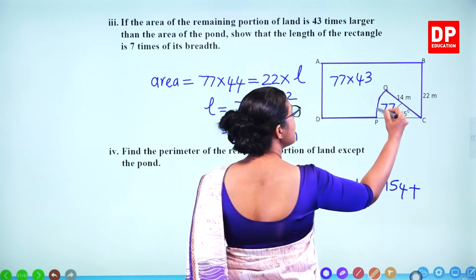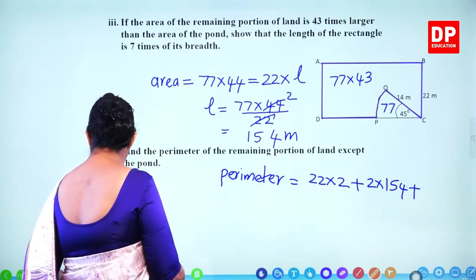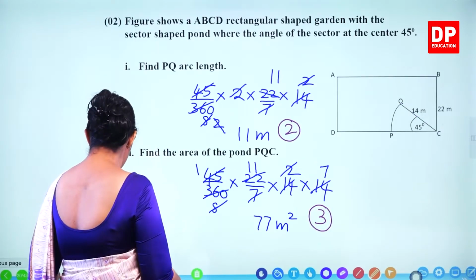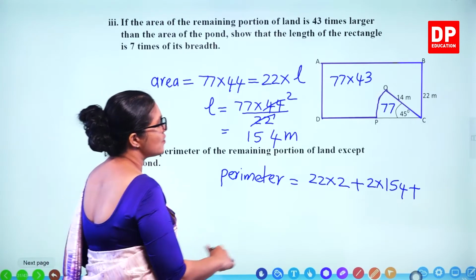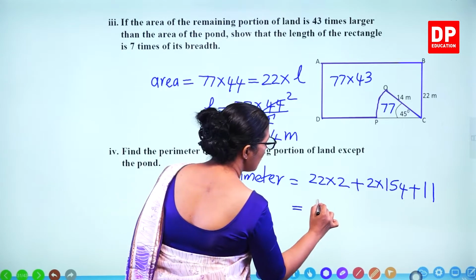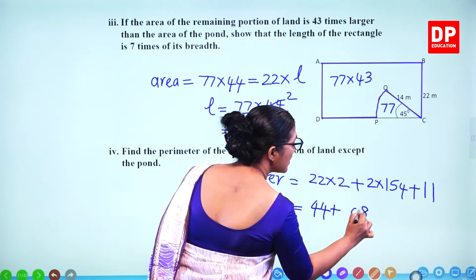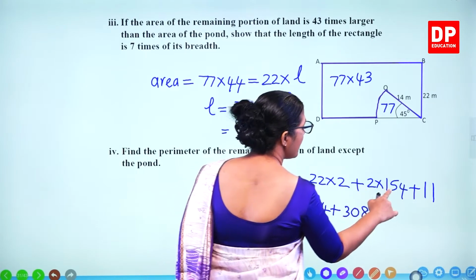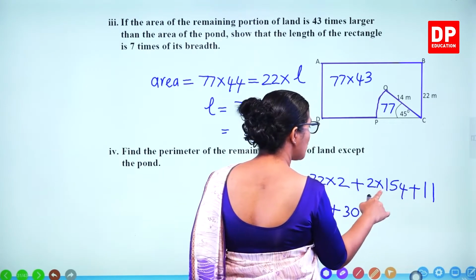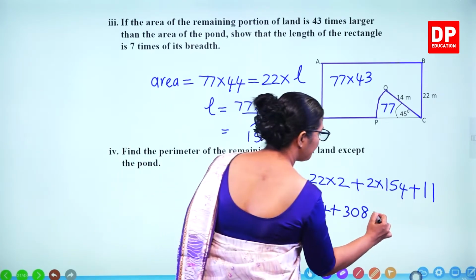And then you get this arc length. Can you remember the arc length? We did that before. 11 meters. So, you add 11 there. What's the answer? 44. This is 2 times 4, 8. And 308. 2 times 4, 8. 2 times 5, 10. 2 times 1, 2 plus 1, 3.